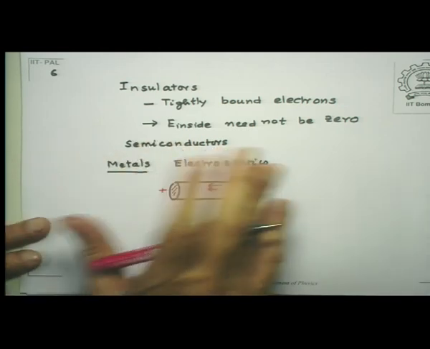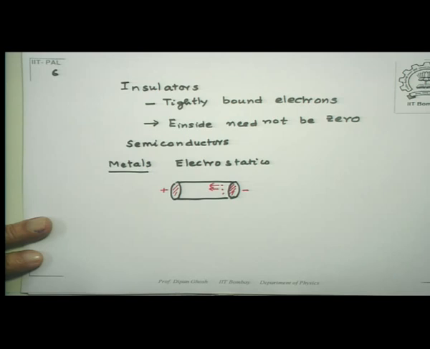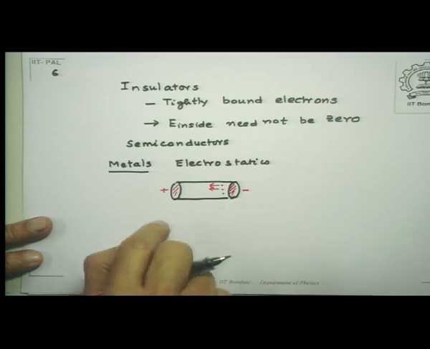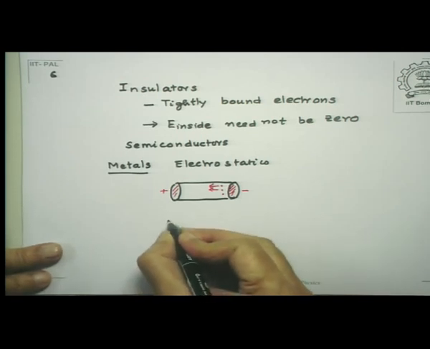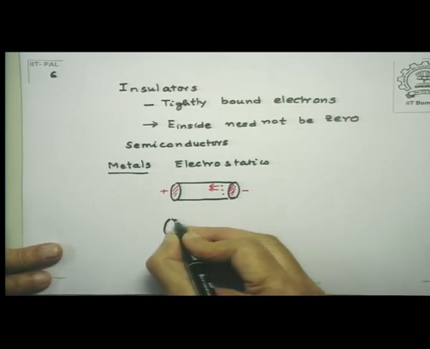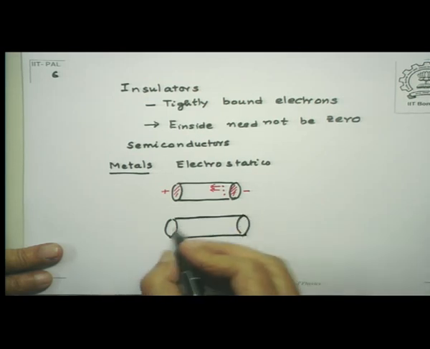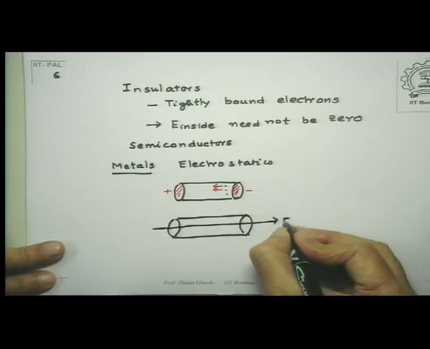So this is what would happen in static condition, but let us look at it slightly differently. Suppose I had a situation like this, but not a static condition, because I had applied an external electric field. So let us draw the external electric field and see what happens. I have the same situation there, and let us suppose I have an external electric field in which this has been placed.